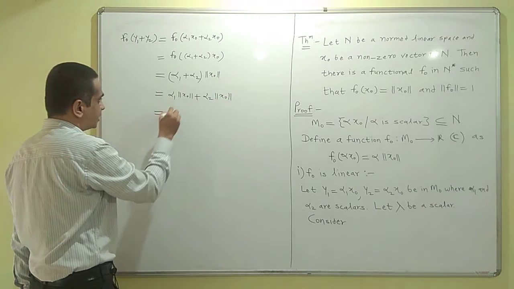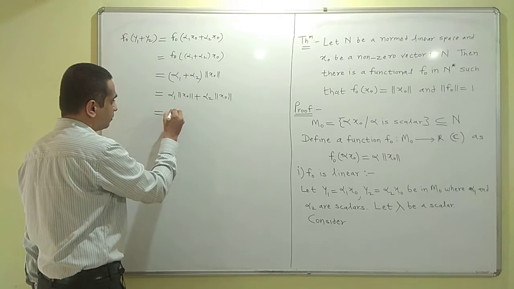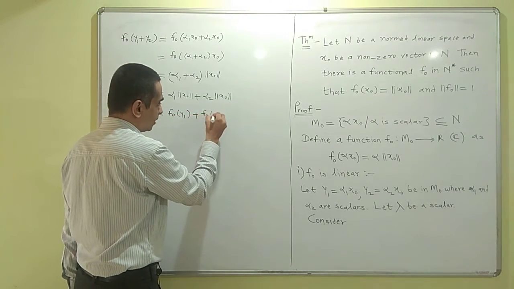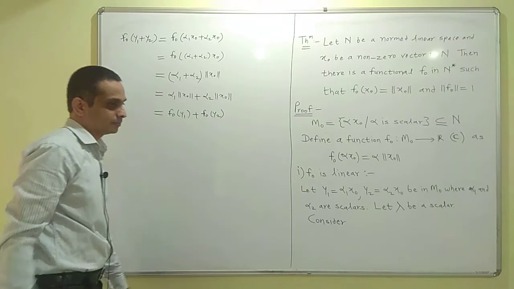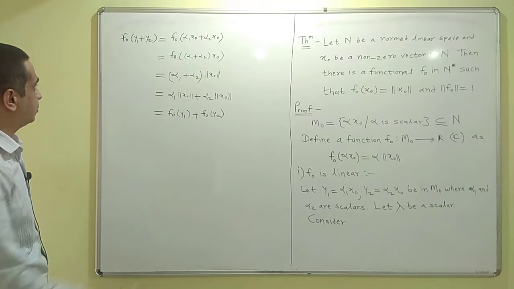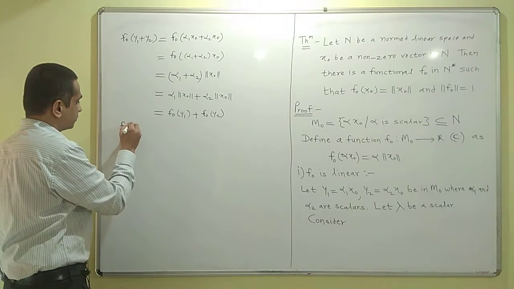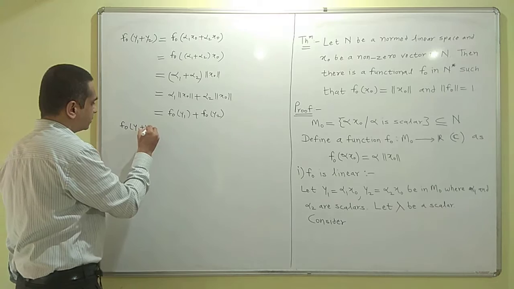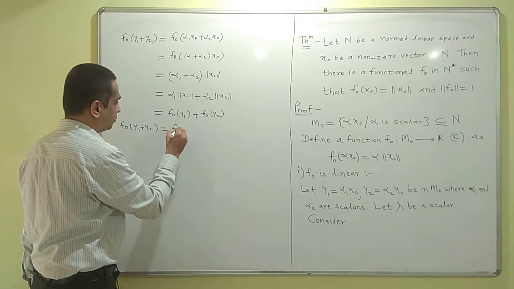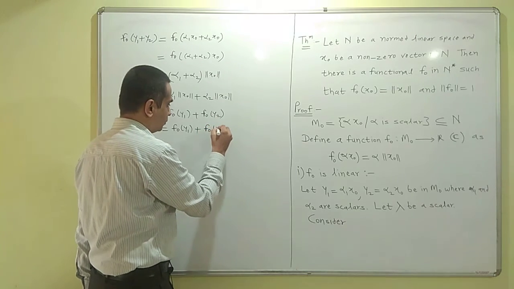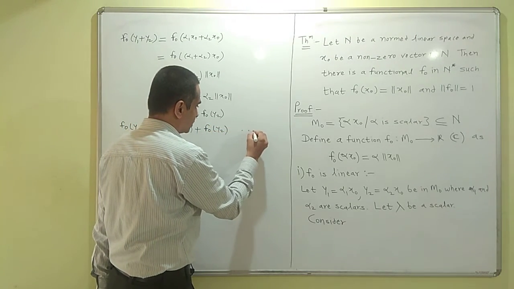The first term is nothing but f0 of y1, and the second term is nothing but f0 of y2. Thus we proved that f0 of y1 plus y2 is equal to f0 of y1 plus f0 of y2. So this is the first statement.